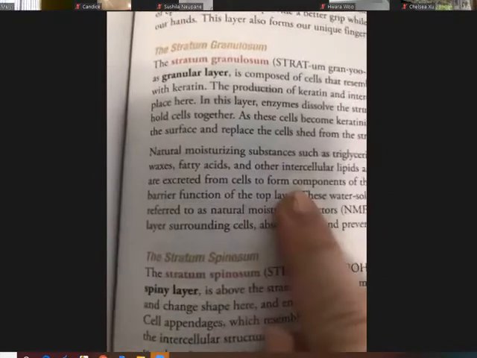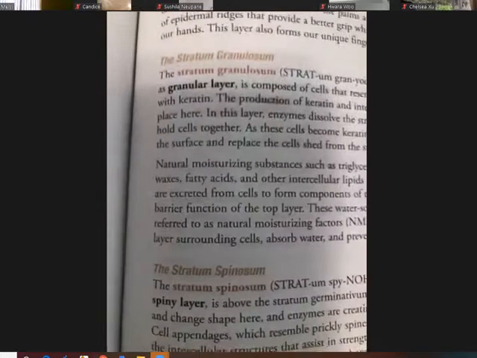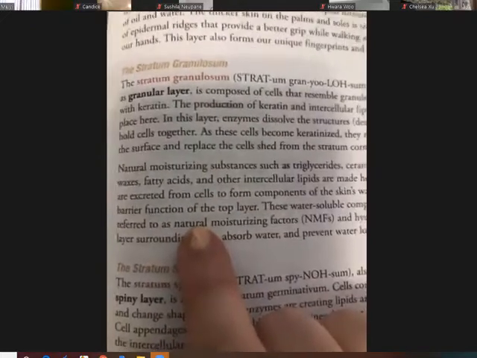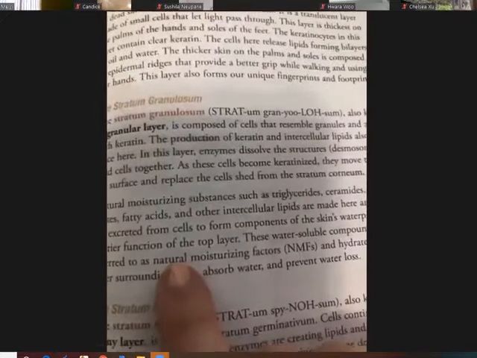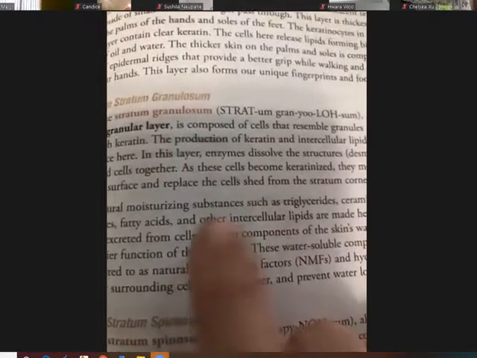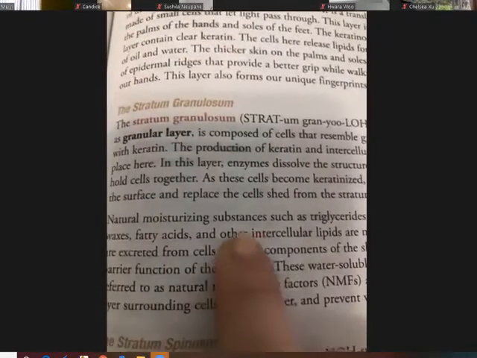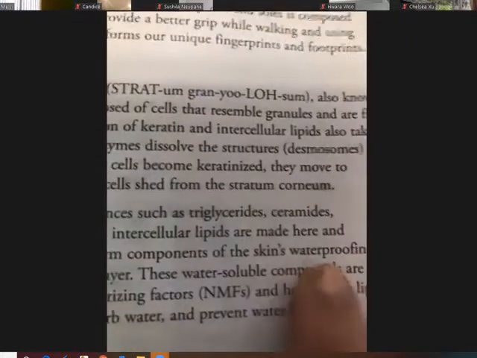So the layer produces all this, and that is why our skin is waterproof.